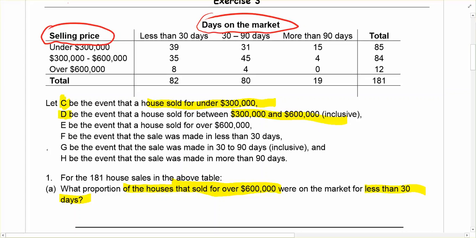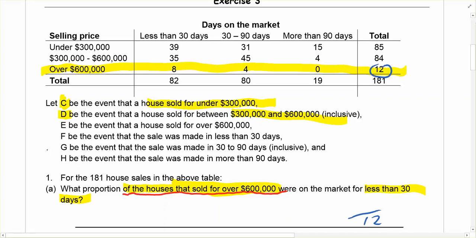Is it out of all 181 houses, that's the grand total, or is it out of a subgroup? The answer is it's only out of a subgroup. It's out of the houses that sold for over $600,000. How many were there? There were 12. So it's out of 12. How many of those 12 were on the market for less than 30 days?